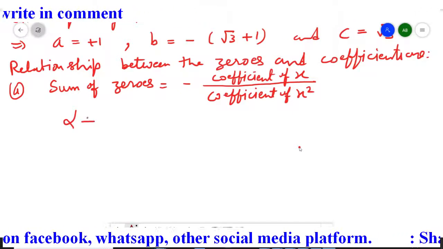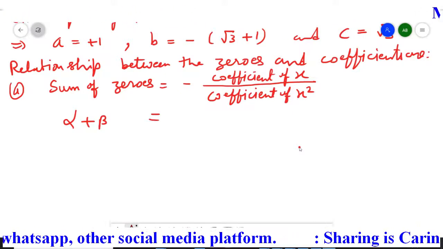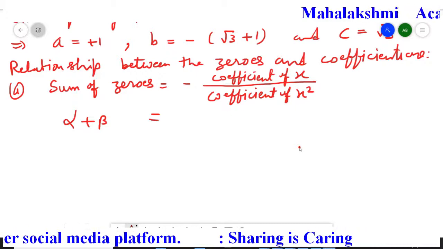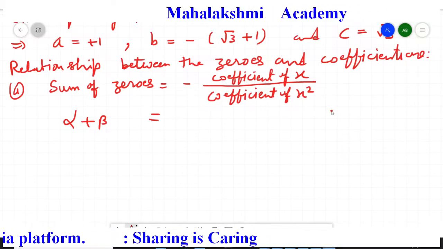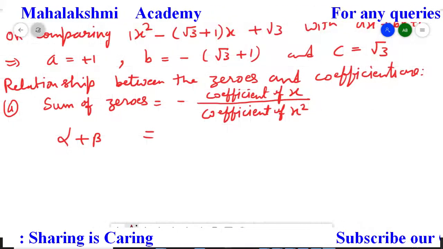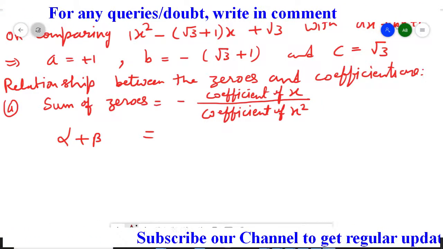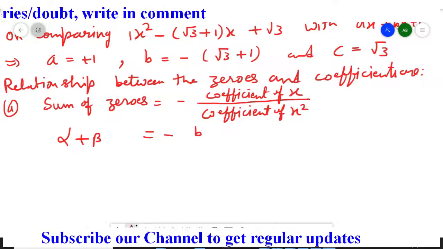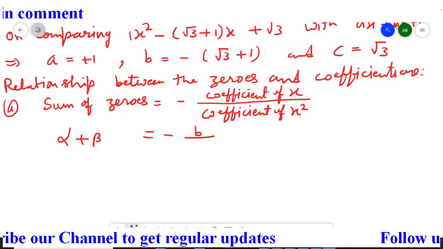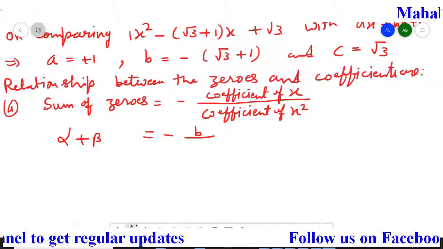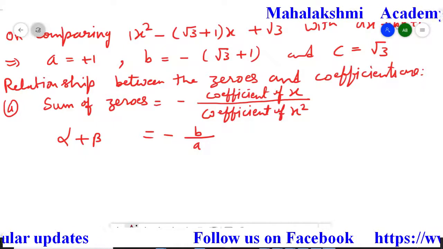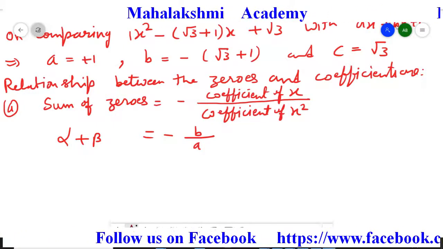Zeros are alpha plus beta. And what is the coefficient of x? That you have to see in your standard form of quadratic polynomial. In the standard form of quadratic polynomial, the coefficient of x is b. So it's going to be minus b upon the coefficient of x square, that is a. So it's a formula, alpha plus beta is equal to minus b upon a.